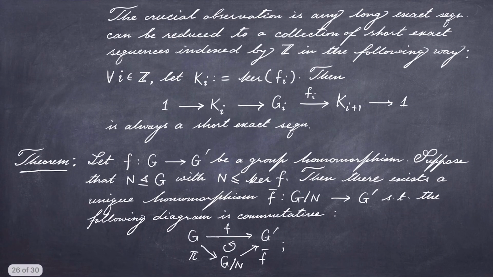The crucial observation here is that any long exact sequence can be reduced to a collection of short exact sequences, and that collection is indexed by Z in the following way. That is, for any i, we consider K_i to be the kernel of f_i. So for each i we have this: on one hand I consider K_i, and on the other hand I consider K_{i+1}, which is nothing but the image of f_i.